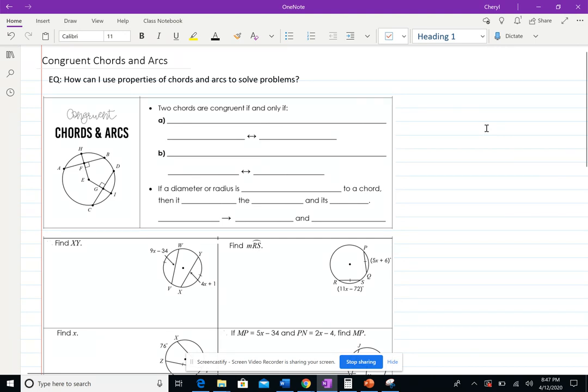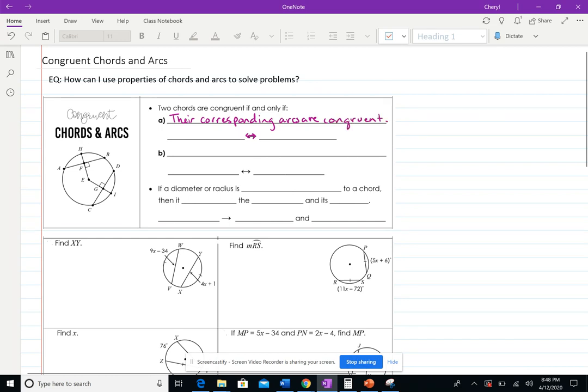Two chords are congruent if and only if, and that's this symbol here, the if and only if symbol, if the corresponding arcs are congruent.